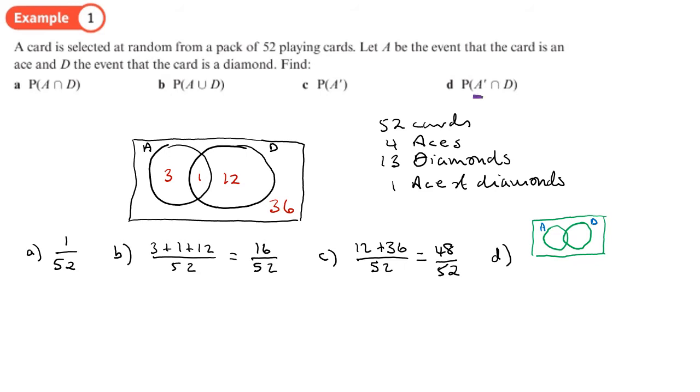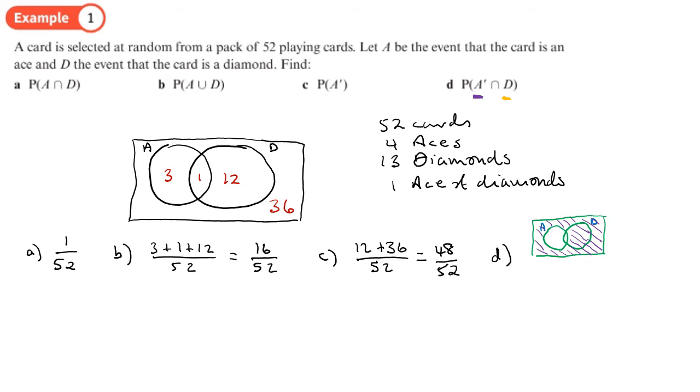So not A. I'm going to shade all of that. All of this stuff here is not A. Okay, done that. And in the opposite direction, I'm going to shade the stuff which is in D. Actually, let's color code it. Let's do it in orange.